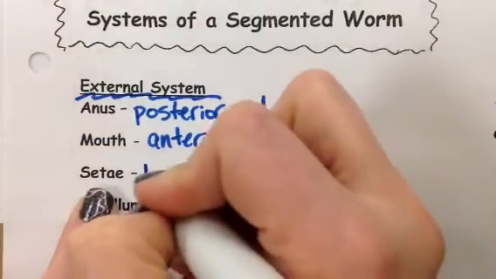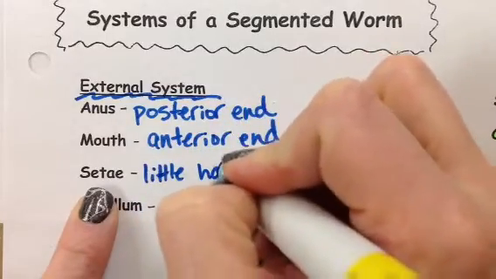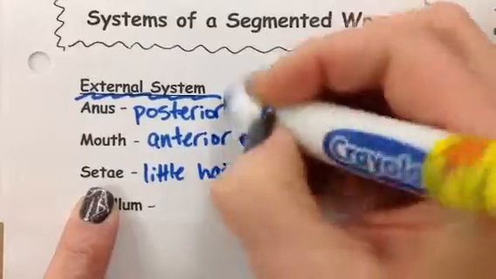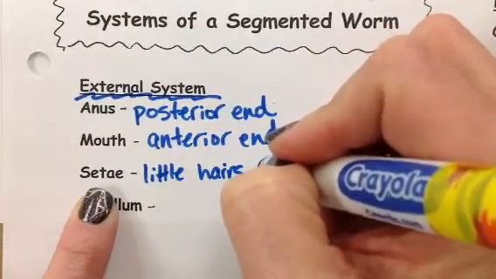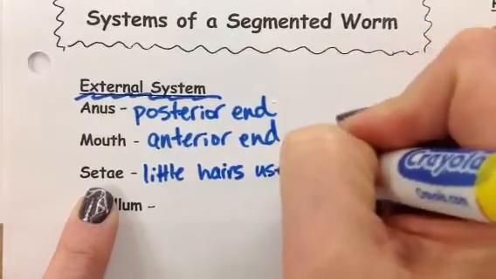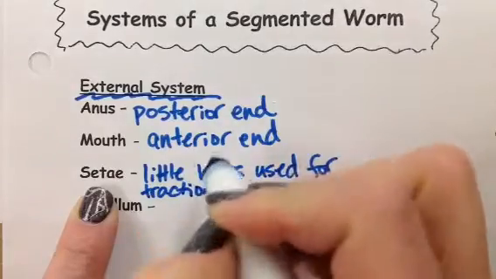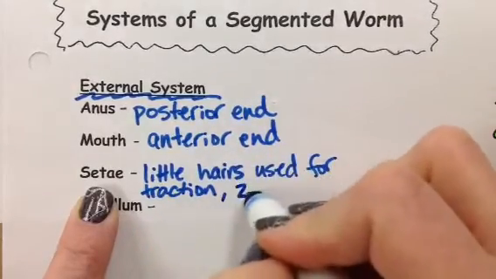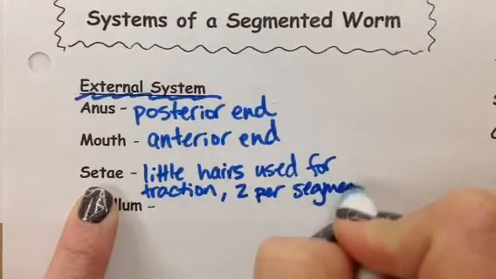These are little hairs that act as almost like snow tires or chains if you're going to put chains on your car. They're little hairs that are used for traction, in other words, to help the worm grip and move. And there are 2 per segment.